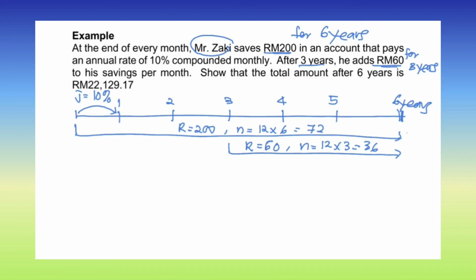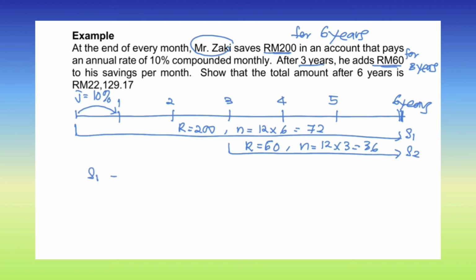So here, the accumulated amount is S1 and here is S2. So we have to show that S1 plus S2 equal to 22,129.17. Okay, so let us calculate the amount for S1 and S2.